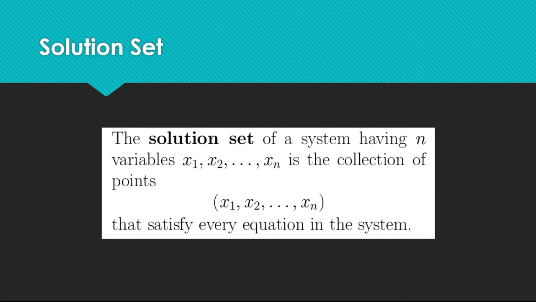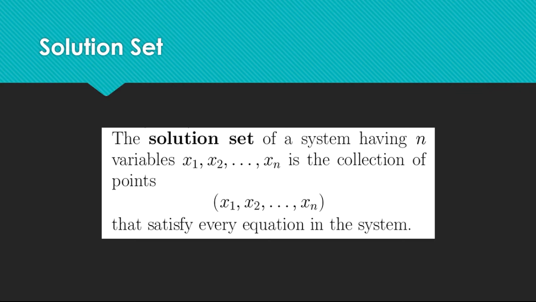The solution of a system of linear equations having n variables: if we have two variables, then we need a system of two linear equations to find the values of the two unknowns. If we have three variables, then we need a system of three equations. If we have five unknowns, then we need five equations. If we have n unknowns, then we need a system of n equations to find the solution of that system.